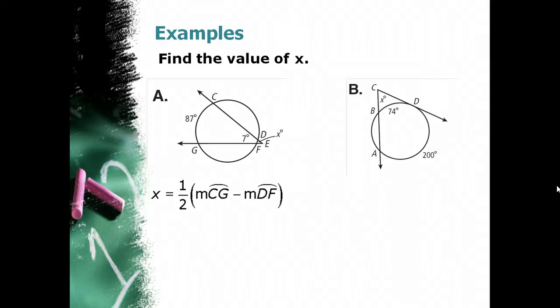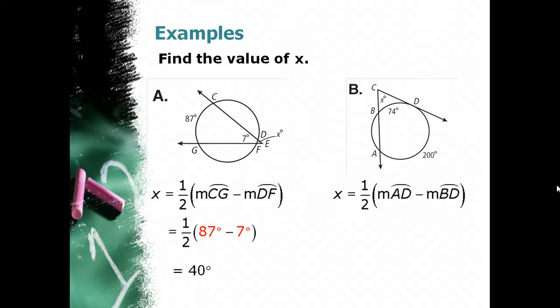So in both of these, x is equal to 1/2 the difference of the two arcs. We put in the numbers and take half. So x is 40 degrees. For B, we plug in 274 respectively, take half of that, and we get 63 degrees.